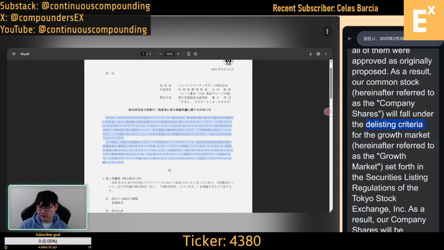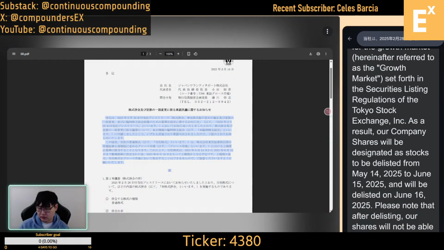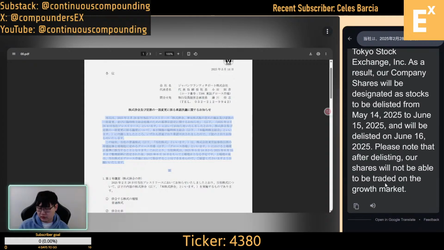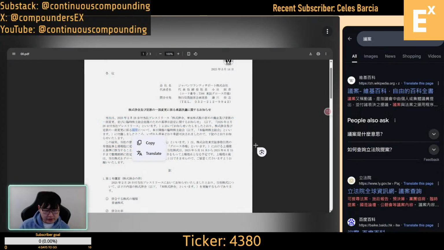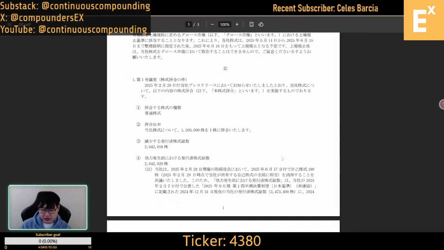Oh, they did a listing criteria. Okay. Okay, so they're delisting. Is there an offer on price here?